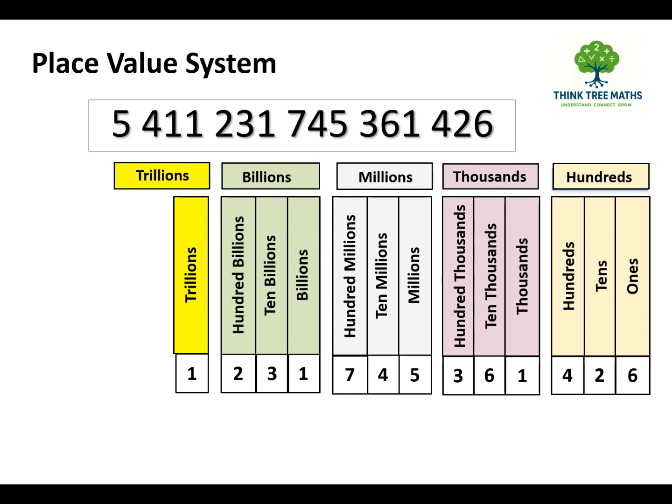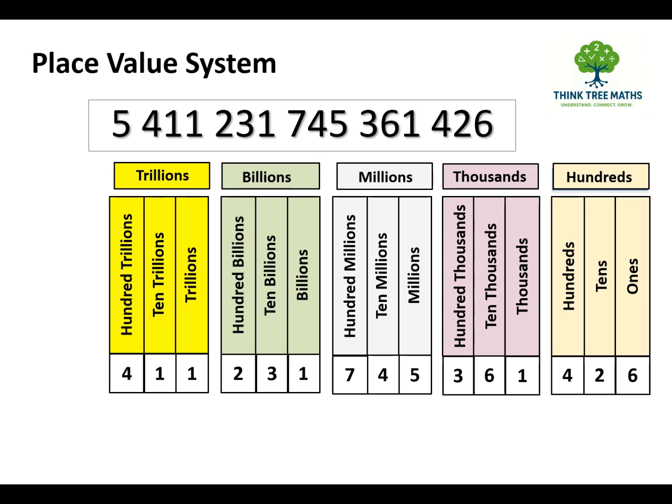So we have 1,231,745,361,426. 11,231,745,361,426. 411,231,745,361,426.